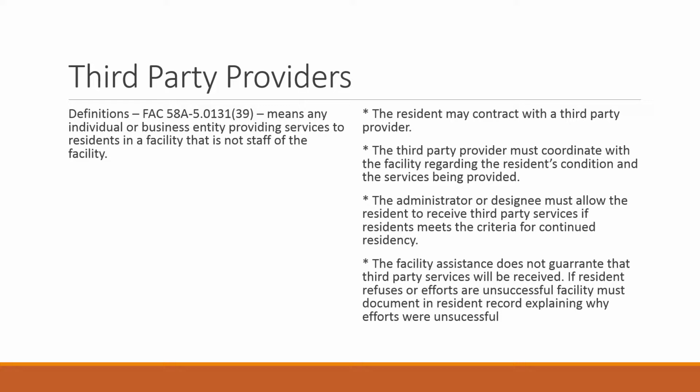That's a communication requirement that's in the rule, that you need to document why it was unsuccessful and what you did to link it. Just because you're trying to assist them in accessing services doesn't provide a guarantee that they will access that service. But at the same time, you have to document what happened, that the linkage was unsuccessful.